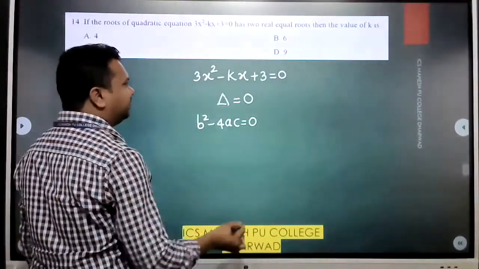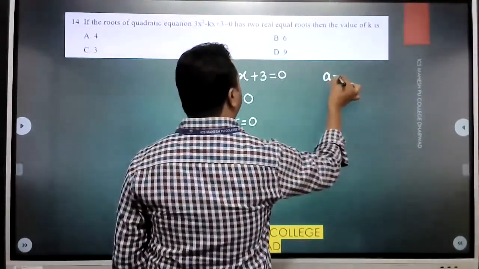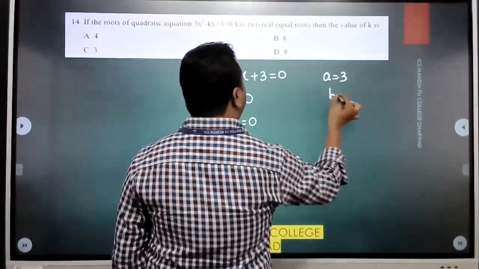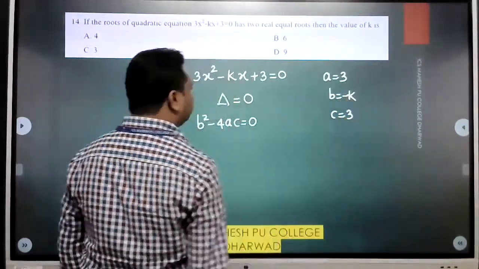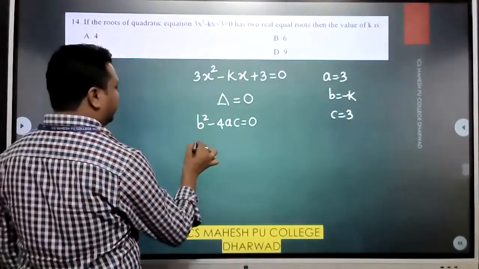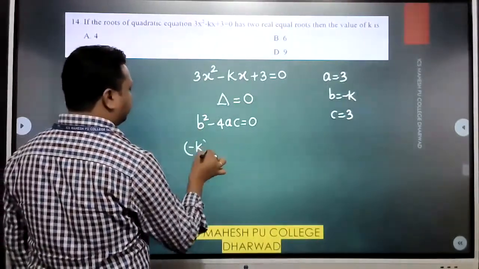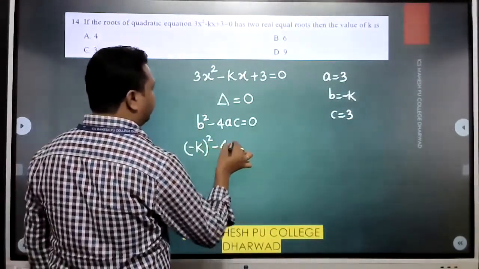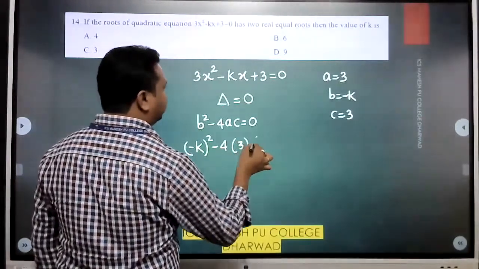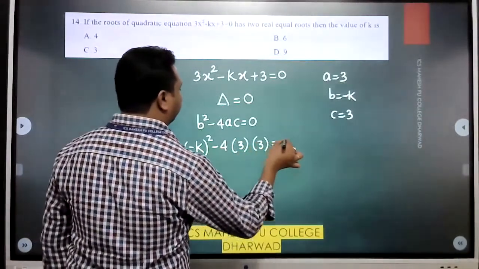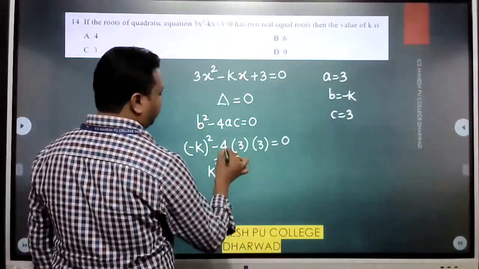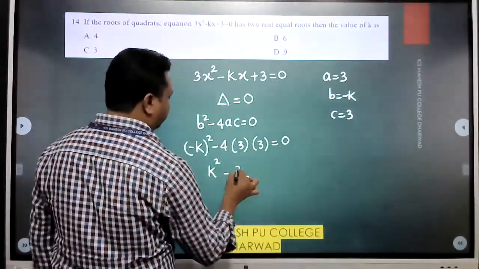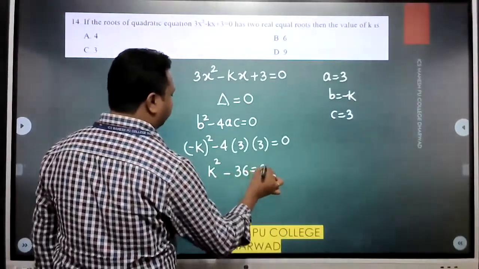So let us substitute the values. Let me take a equal to 3, b equal to minus k, c equal to plus 3. Substituting, b square is minus k whole square, minus 4 into a into c, is equal to 0. That becomes k square minus 4 into 3 into 3, that is 36, equal to 0.